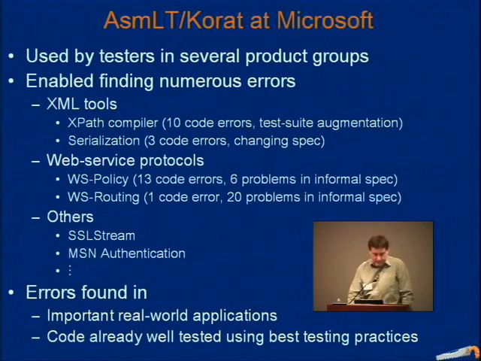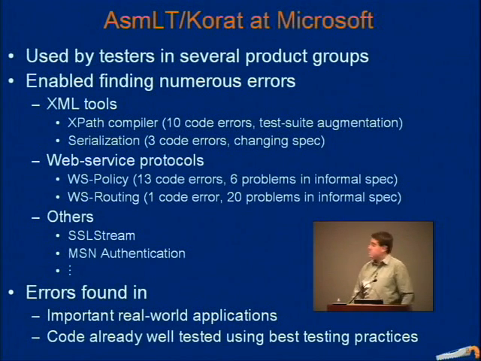They've used it, for example, for XML tools, specifically for the XPath compiler. I've shown that graphical view of how they use it. And there they found some 10 coding errors. As it turns out, this was a piece of code that was about to be released, so they already had a very extensive test suite built manually.